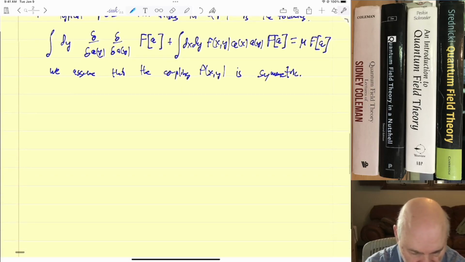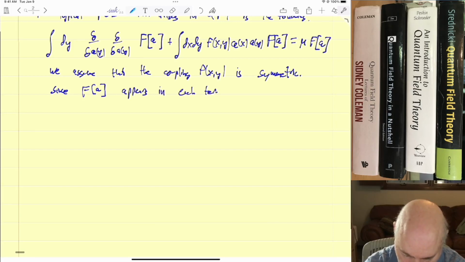Now, since F[a] appears in each term, notice there's an F, there's an F, and there's an F, it makes sense to try an exponential.